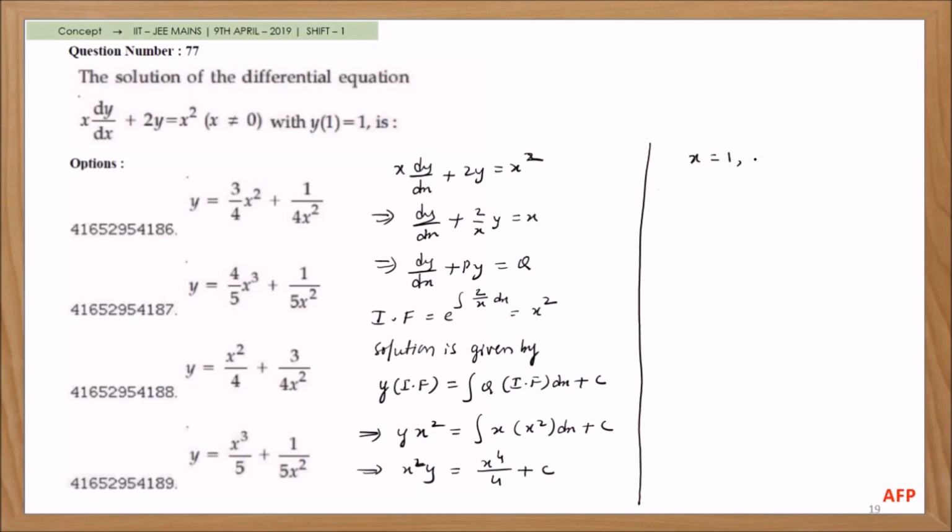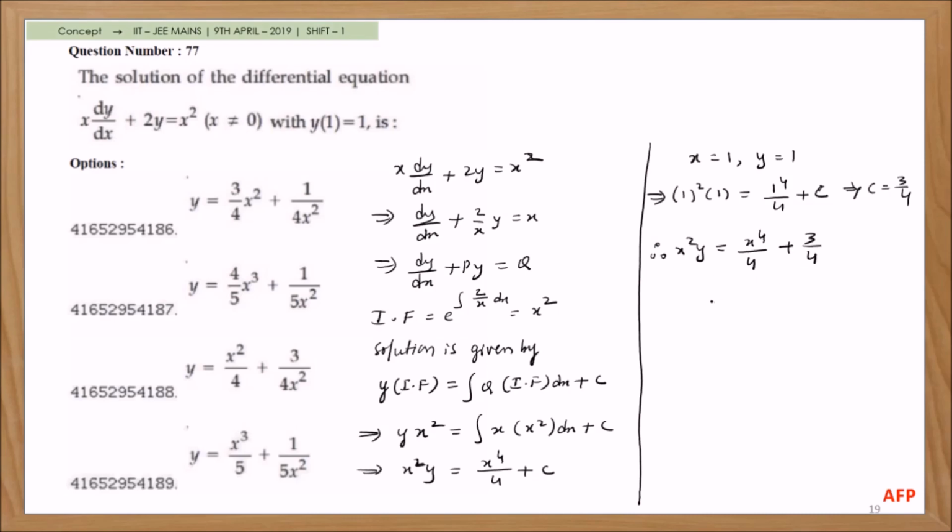Given that if x is 1, y is also 1, will substitute in this. So this is nothing but 1 square into 1 is equal to 1 raised to 4 divided by 4 plus c. So c is equal to 3 by 4 you are getting. So therefore x square y is equal to x raised to 4 by 4 plus 3 by 4 you got.